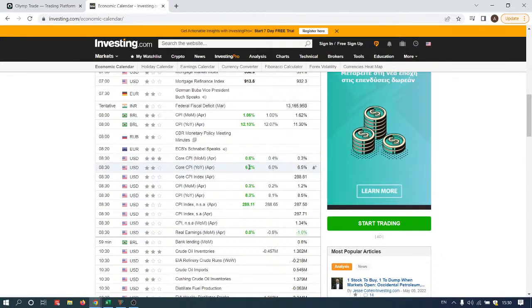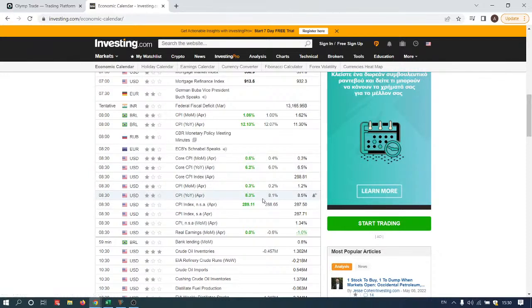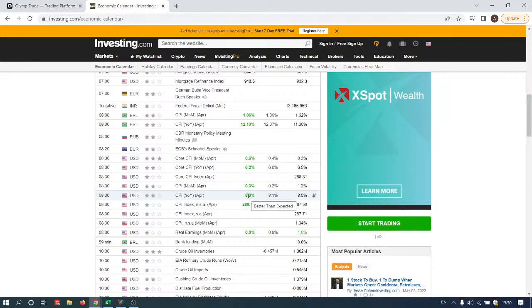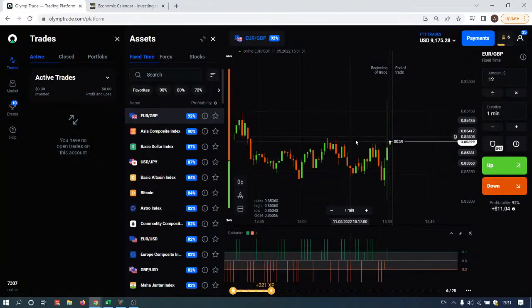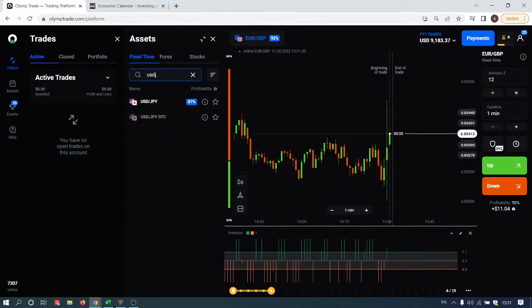Core CPI 6.2%, and year on year inflation, everyone was expecting 8.1%. Now it's 8.3. I wouldn't say it's better than expected; in fact it's worse than expected. Let's check the USD JPY.